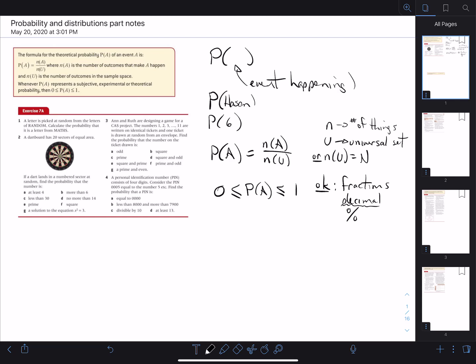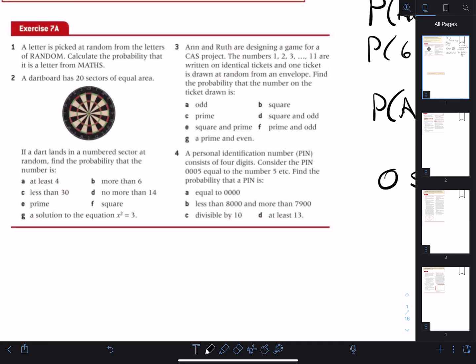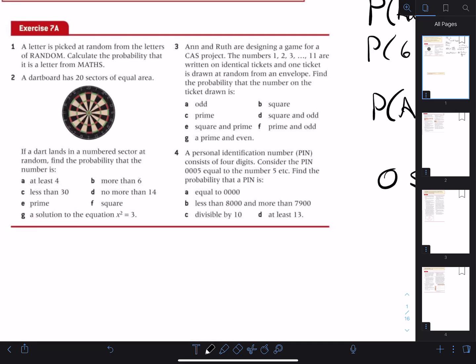If you look at some of these simple questions, if you zoom in a little bit: a letter is picked at random from the letters of RANDOM. Calculate the probability that this letter is from MATHS. So how would I write that? Probability that it's from maths. You don't have to be that pedantic, but there you go. How many letters do we get to pick from? 1, 2, 3, 4, 5, 6.